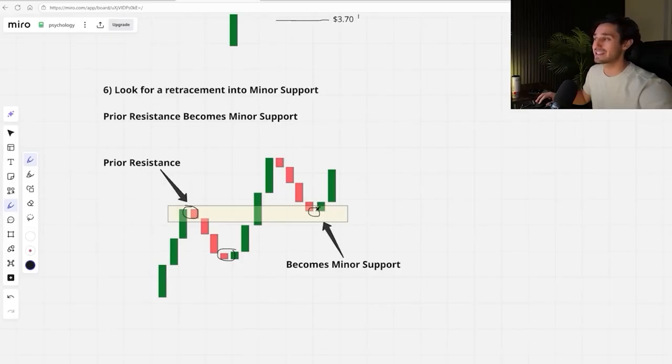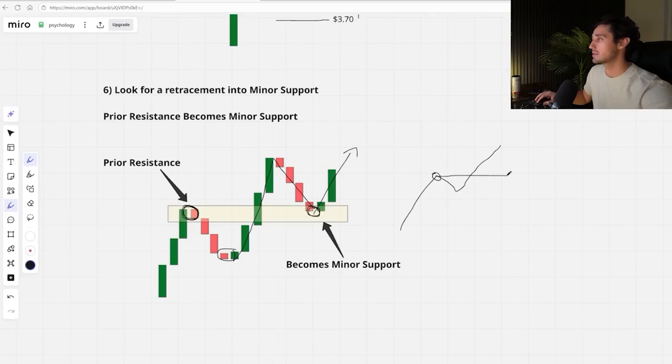And this is a really nice amplifier, where if we could have a nice move up and then a dip into what was before resistance, that's exactly what we want to see. This is a really solid area to potentially buy the dip for the next move higher. So if I draw it out, we have an uptrend, right? This is an area of resistance.